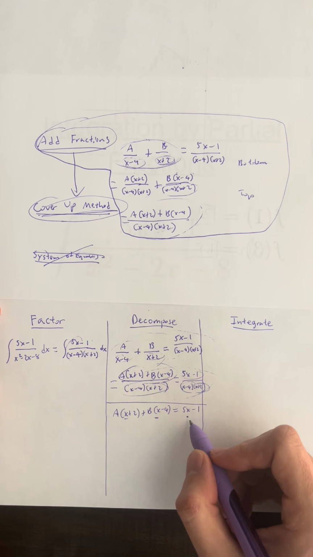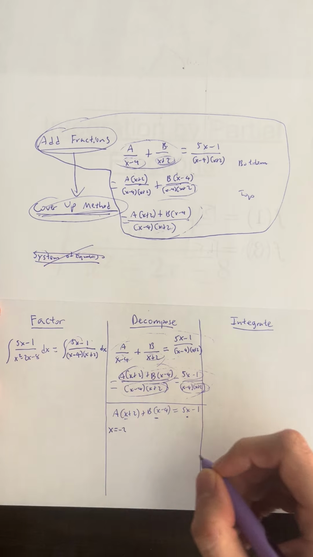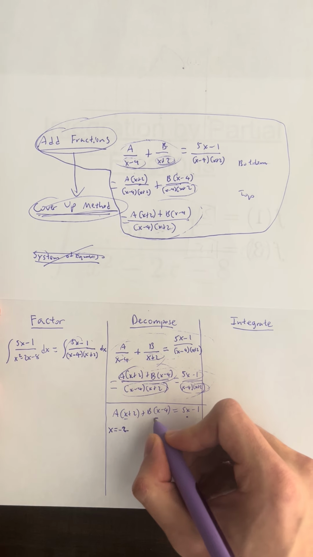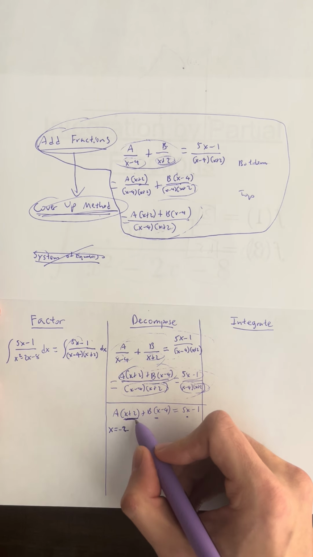We can plug in whatever, so let's be strategic about what we plug in. I'm going to plug in -2 so that this turns into 0.